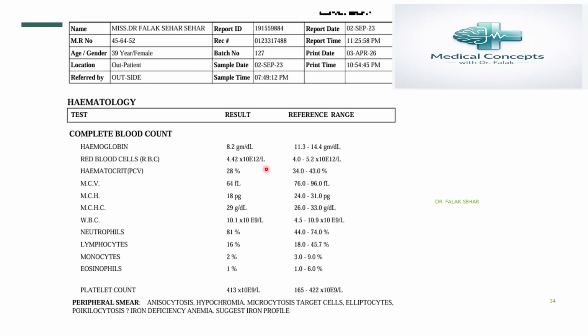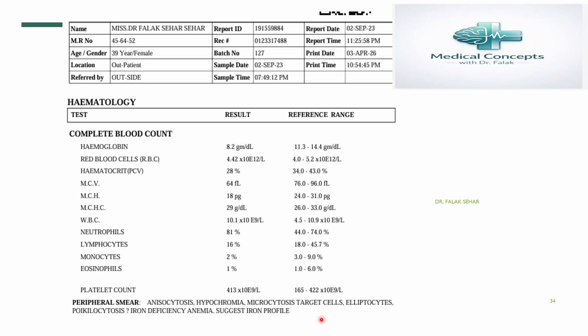The total RBC count is within the lower normal range, which is important because in some conditions like thalassemia, RBC count is often relatively higher despite low hemoglobin, but here it is not. The peripheral blood smear further supports the diagnosis, showing anisocytosis, hypochromia, microcytosis, target cells, and elliptocytosis.